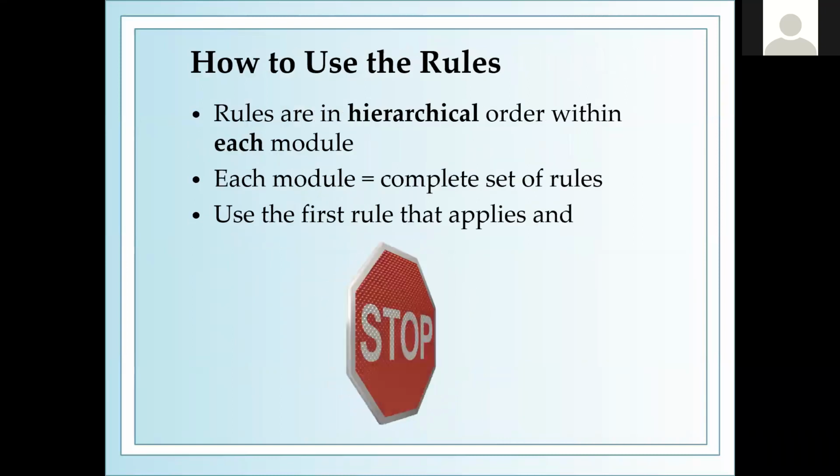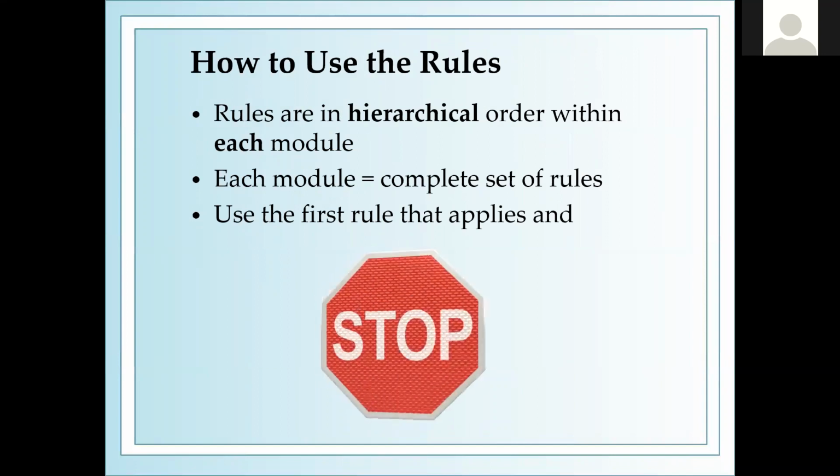How do we use the rules? Whether you are using the multiple primary rules or the histology rules, the rules are in hierarchical order within each section of the site group module. Each section is a complete set of rules, and that is why it is so very important we make sure we are looking under the correct section header.